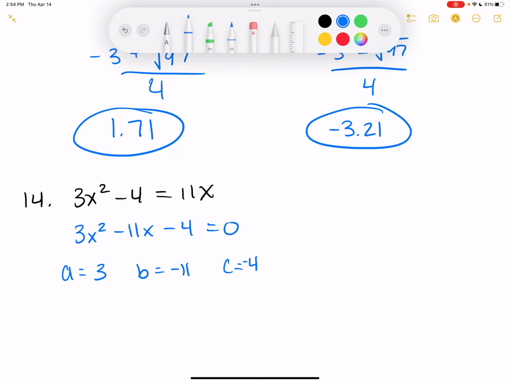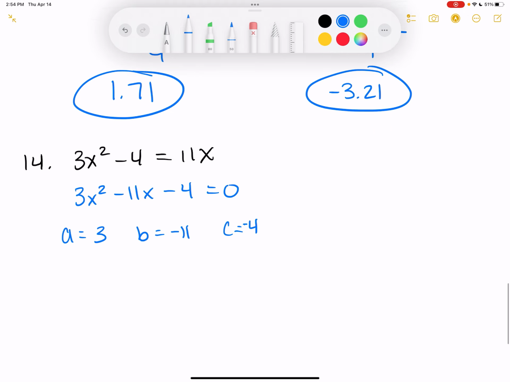So now, tell me what goes in the formula. Negative times negative 11, so that's going to be positive 11. Chris has a question. I was just wondering if the goal is to always get the other side to 0. Yes, one side always has to be 0. Okay, I was just making sure. Negative 11 squared.